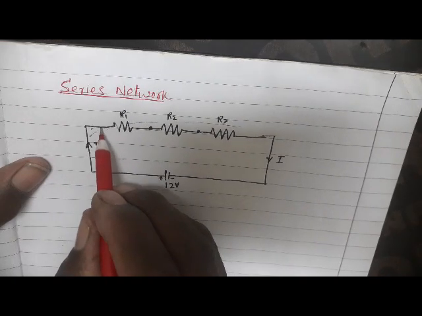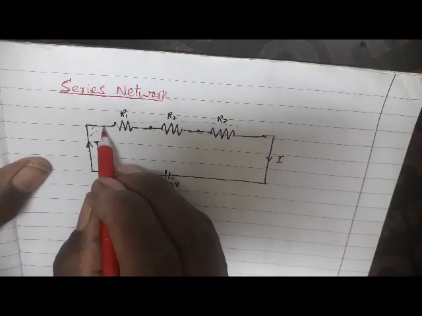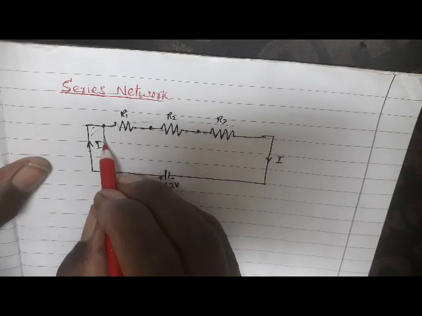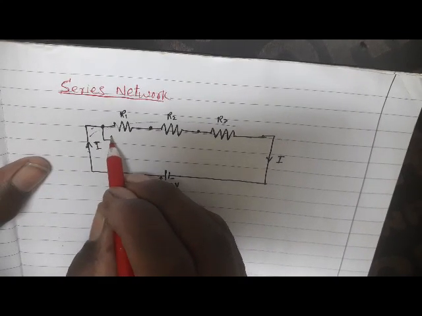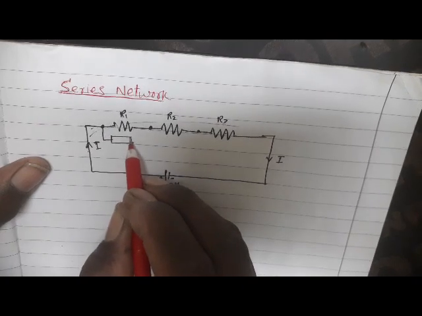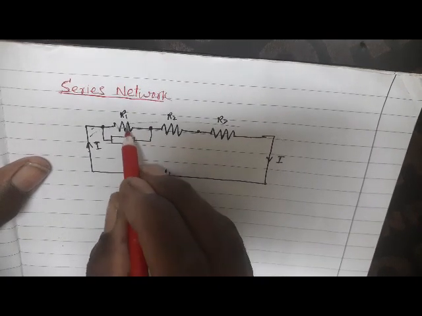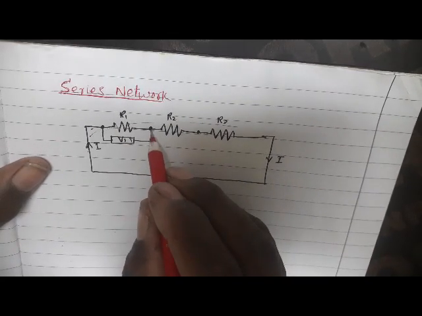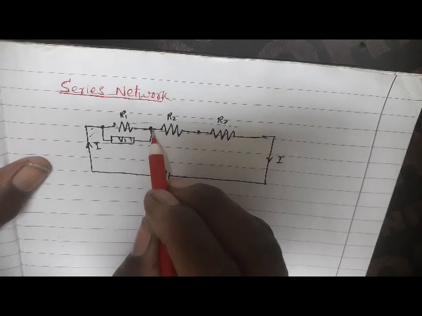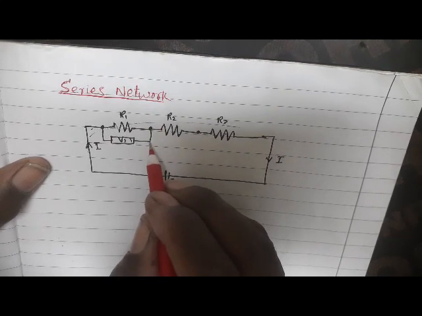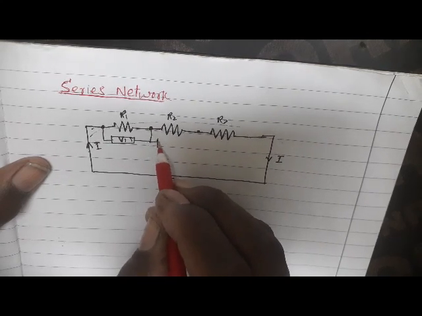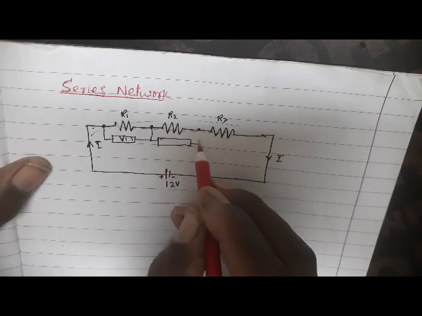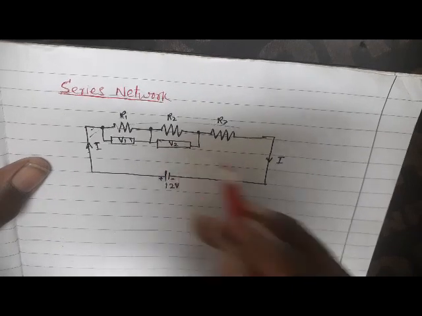If I put my multimeter across this resistor, I will get the voltage drop across this resistor, V1. Similarly, if I fix my multimeter across this resistor, the voltage drop across it will be V2.